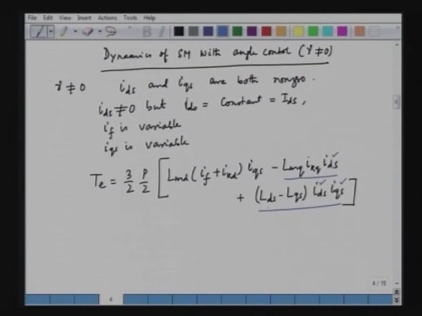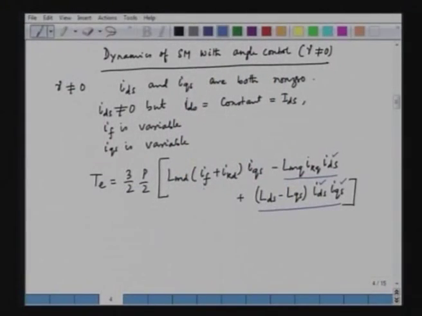So, LDS minus LQS is the reluctance torque, that torque will also be present. What about the field torque? IF is also present, so this term will be there, and since IF is variable, IKD will also be present and IQS is non-zero. So, all these three terms will be present. So, we can say that all terms will be present.